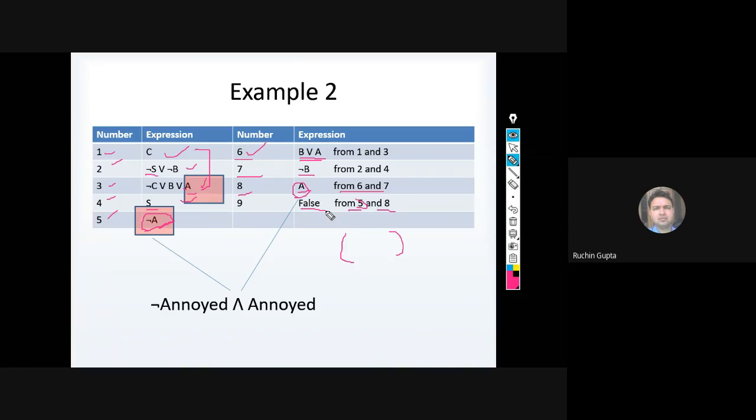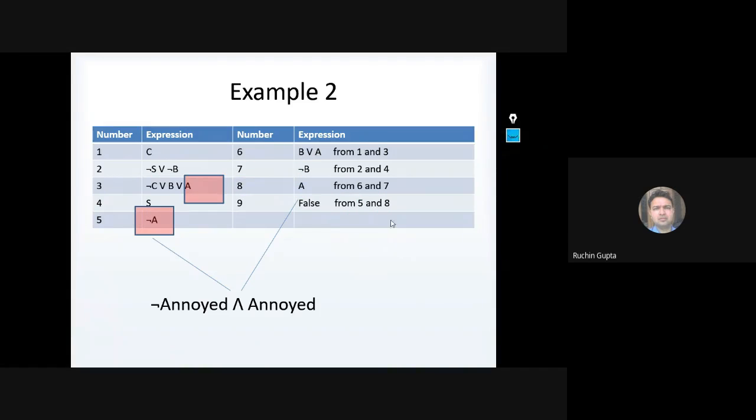It means that the contradiction is there. Whatever we have assumed, that coyote is not annoyed, is going to be false. It means that coyote is annoyed is going to be true. Got the point?